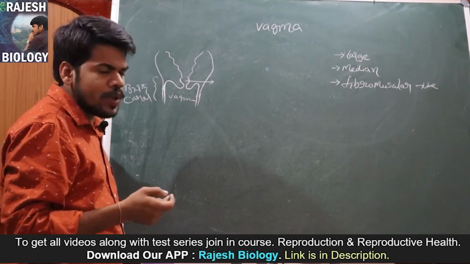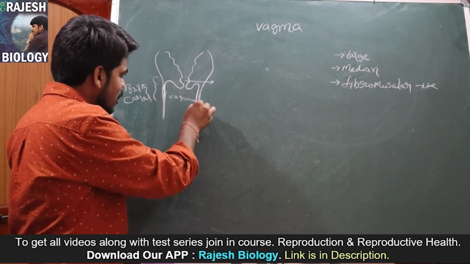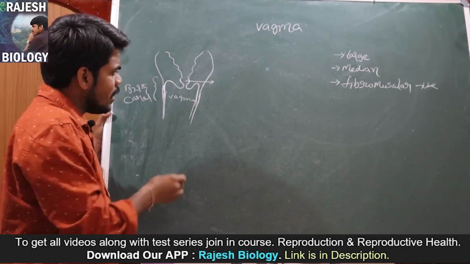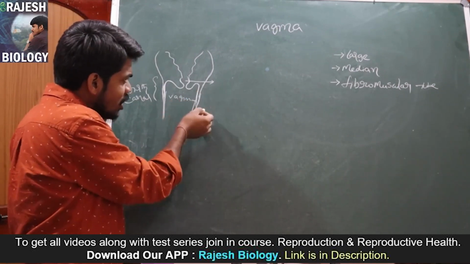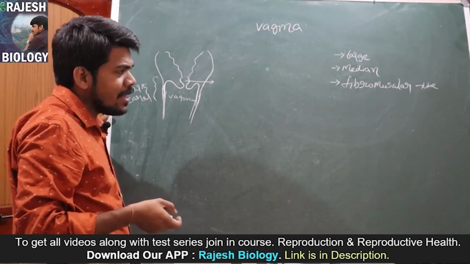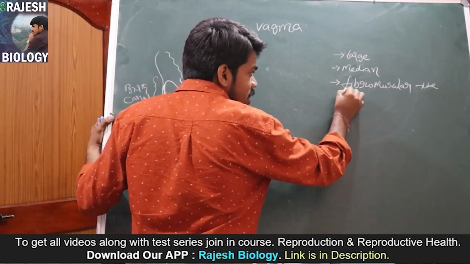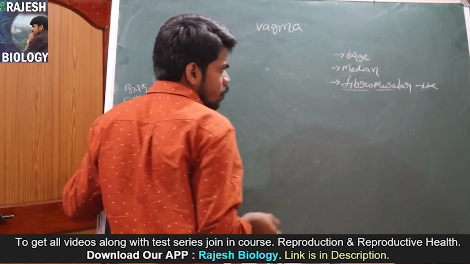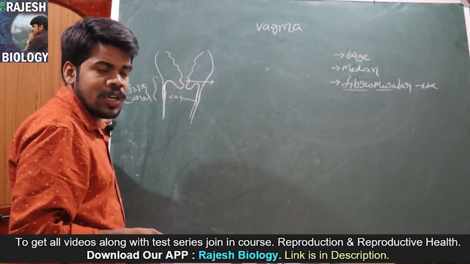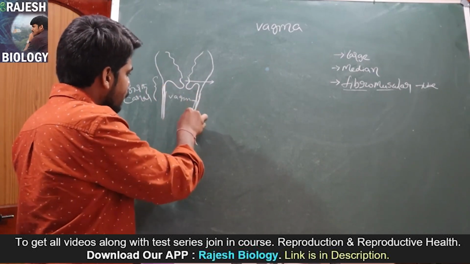When compared with the cervix, it is large and long, nearly 10 centimeters long. Median means it is not so big and not so narrow. Fibromuscular means it has both fibrous tissue and muscle tissue.